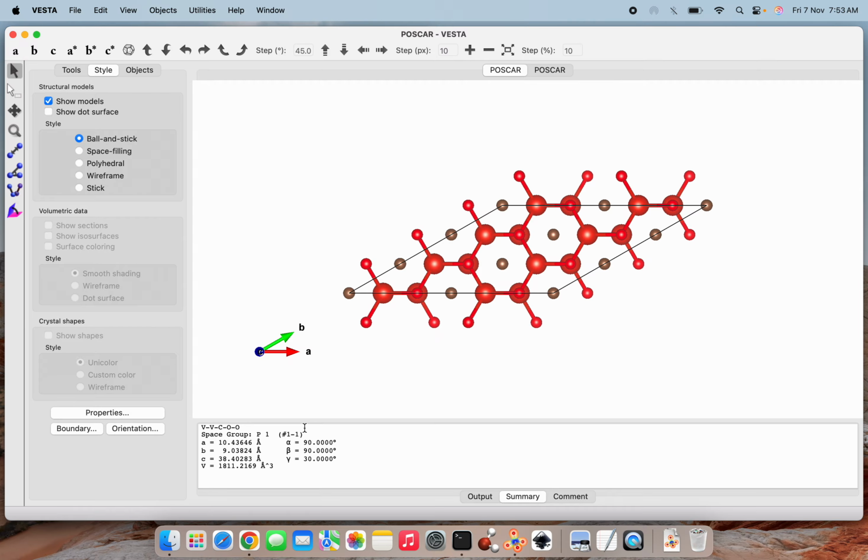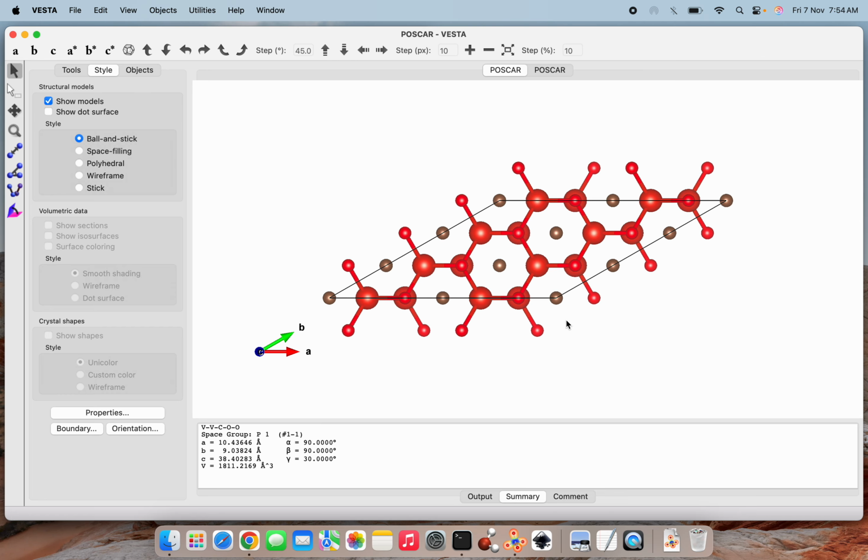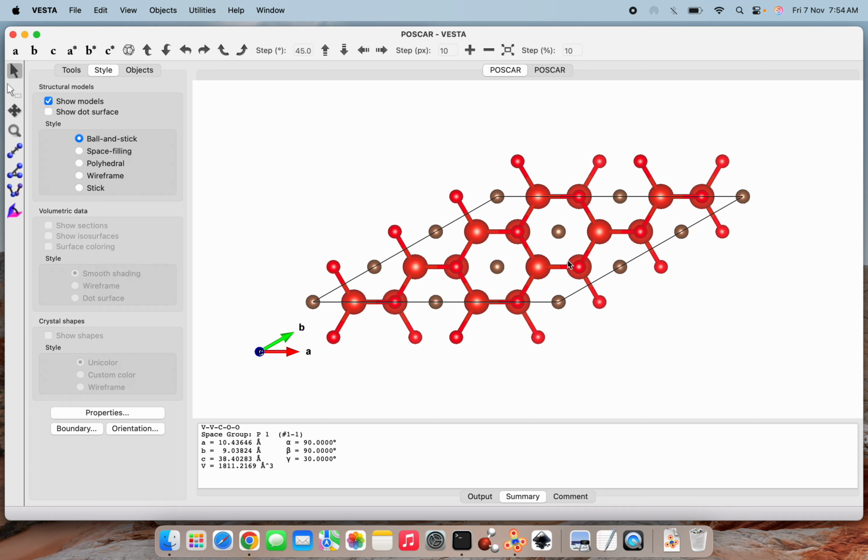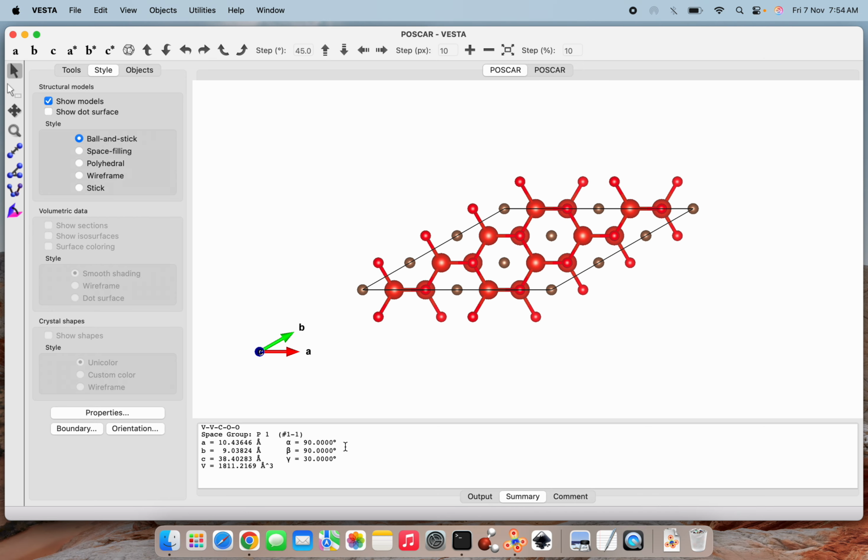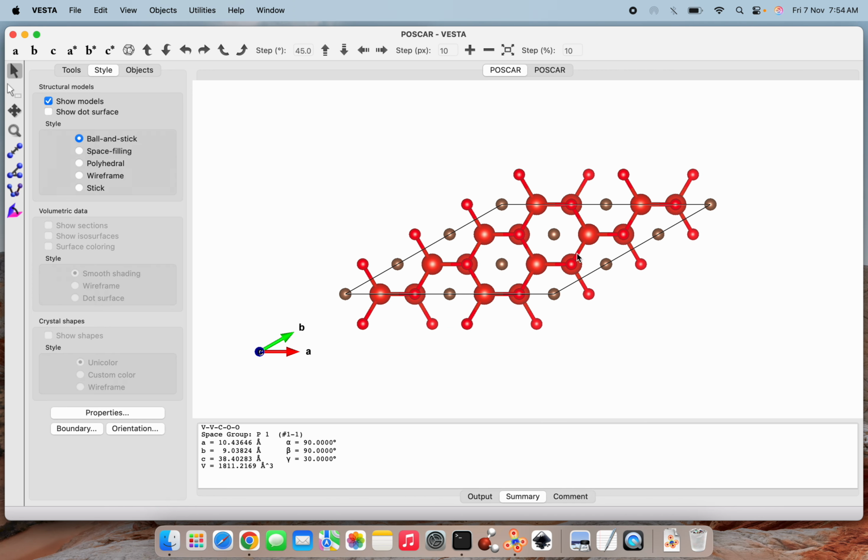Now you can compare the A and B vectors, you will get 2 root 3 and 3. But I also have one doubt, that this is neither a rectangular lattice nor a hexagonal one, because it is not 60 degrees or 30, 120, rather it's 30 degrees. So whether this kind of lattice exists or is possible, you need to verify.